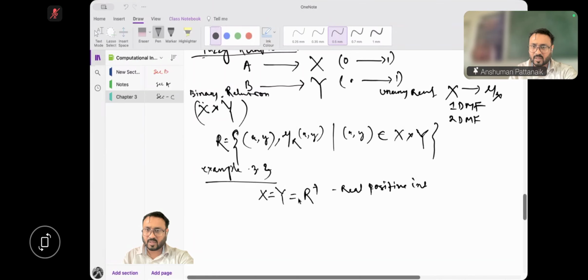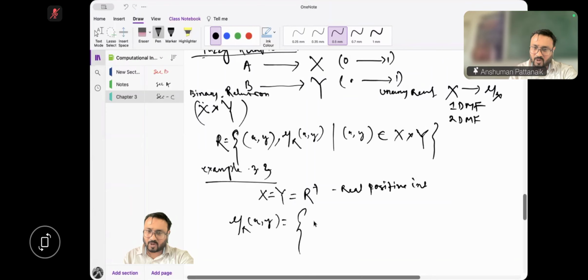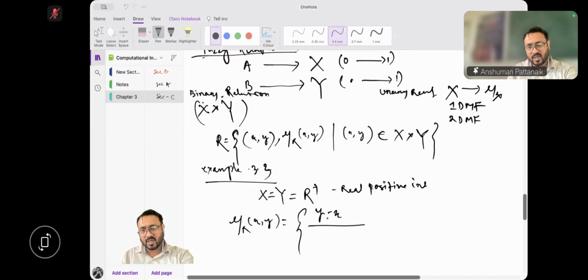Second, if I write the mu of R of x comma y, it can be calculated by the following equation: y minus x divided by x plus y plus 2, if y is greater than x.